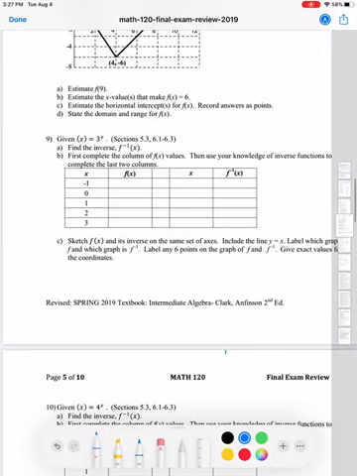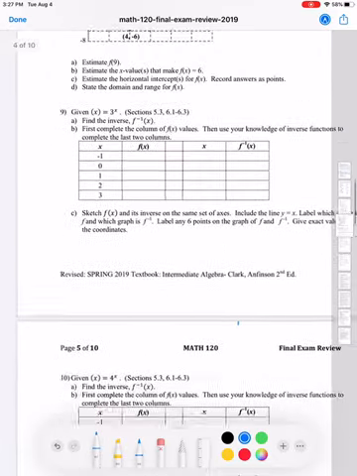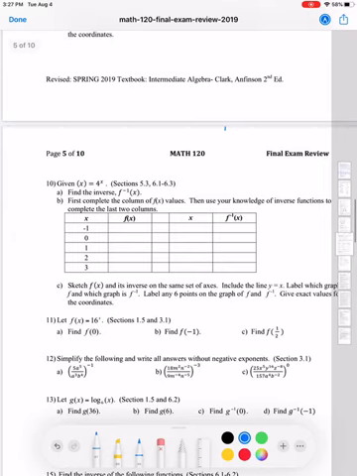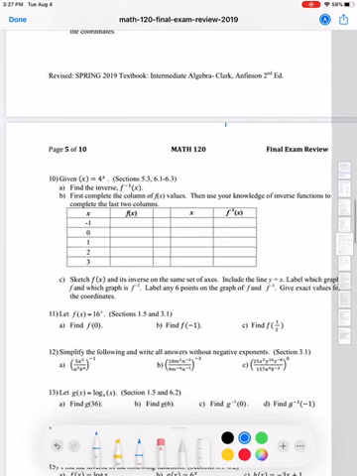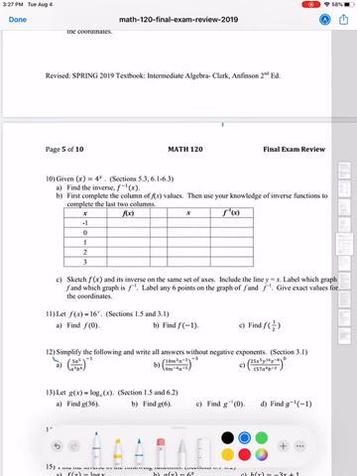Number 9 and number 10 are similar. Whichever one you guys want to try to tackle. Let's do number 10, I guess. So when I need to fill in this table, there should be an f there, okay? F of x equals 4 to the power of x. And so let's fill in the table. Let's start with f of 0.